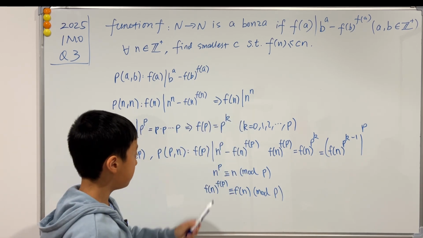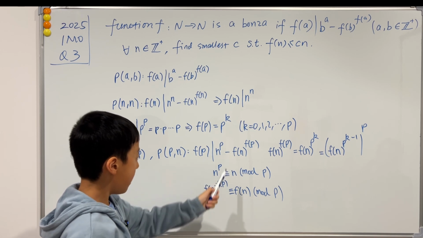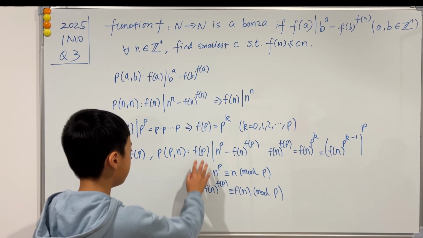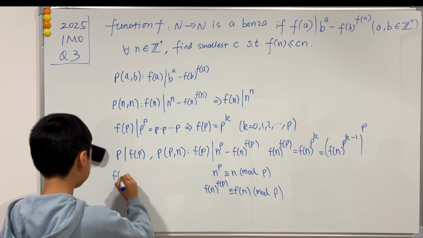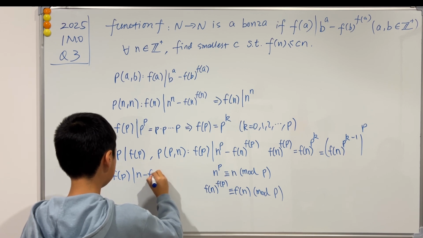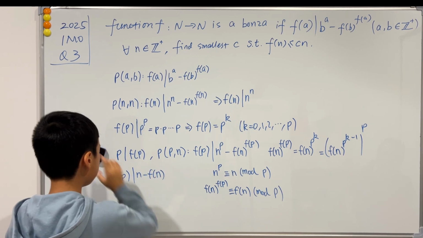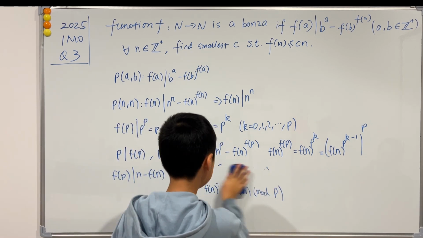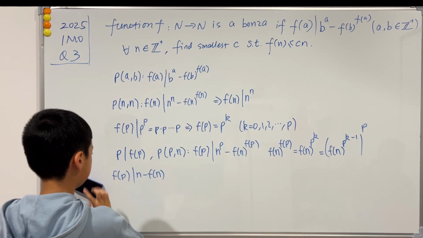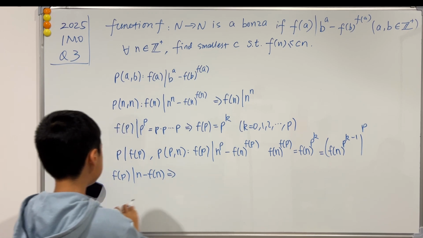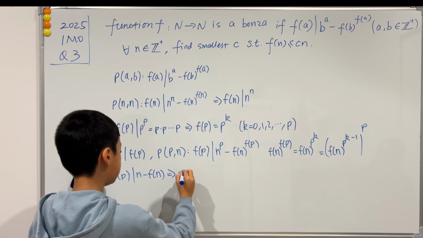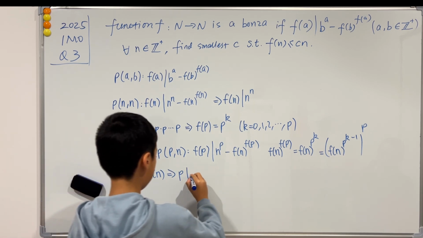So, if n^p is congruent to n, and f(n)^f(p) is congruent to f(n), then we know that f(p) must divide n - f(n). Since p divides f(p), then we know that p must divide n - f(n) as well.